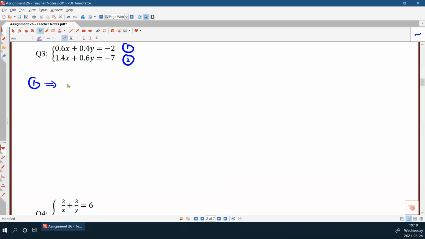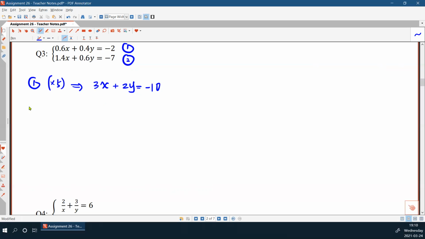So for the first one, we can times a 10, right? Or a 5. Actually, 5 is enough. We can times a 5 to both sides of equation 1. This will give you 3x plus 2y equals minus 10, right?